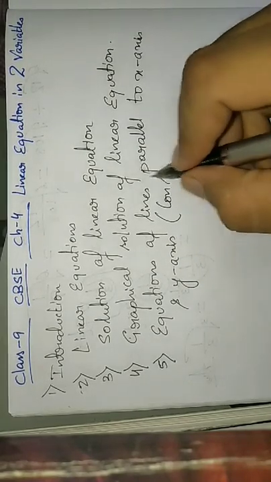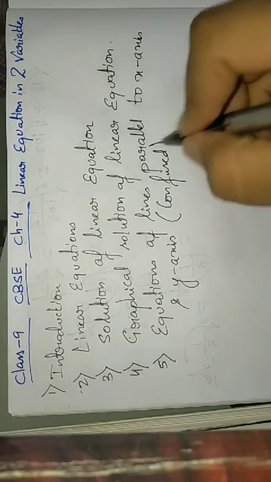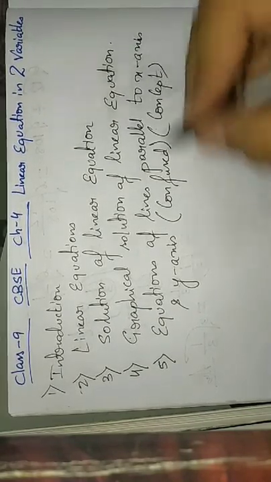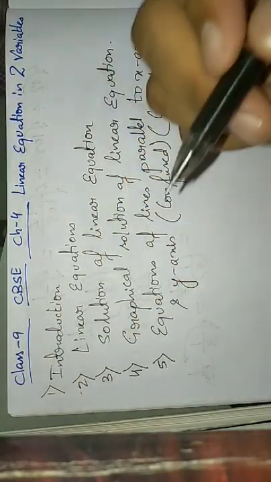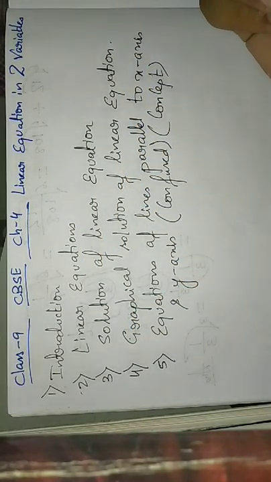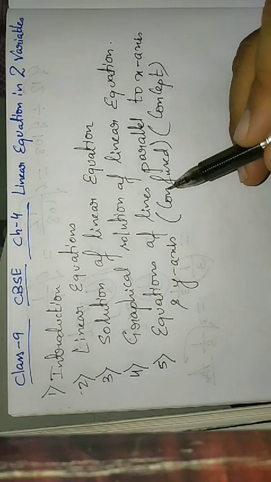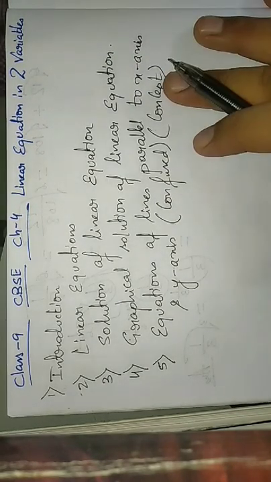Maximum students will get confused into it. Why? Because this requires concept. Your concept for the first 4 parts is not ready, not up to the mark. You will be really confused into this. Okay, so we'll be starting with the introduction part.